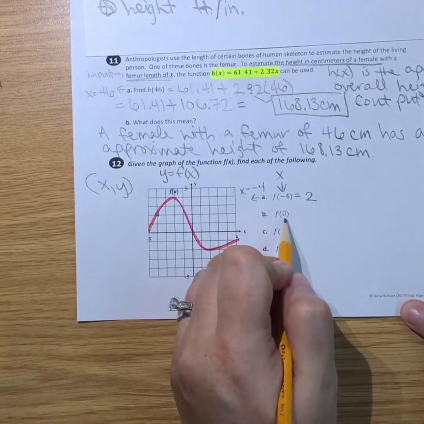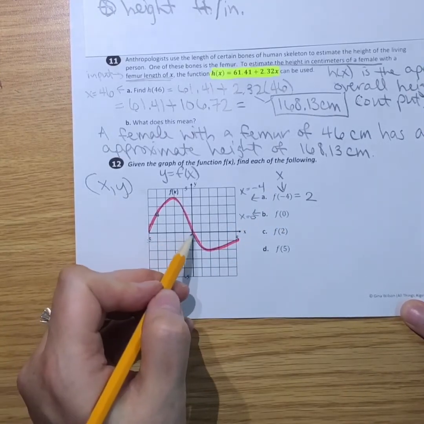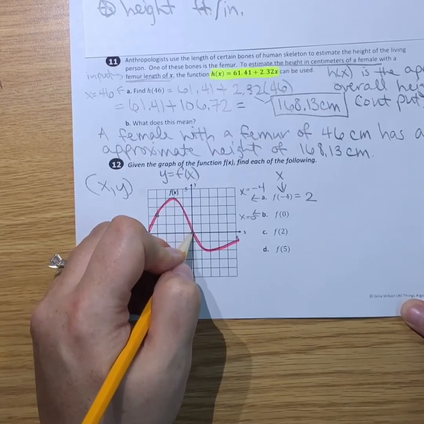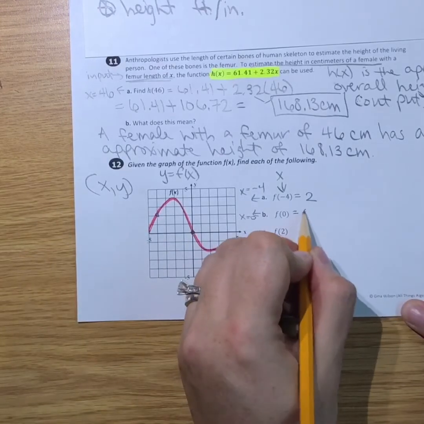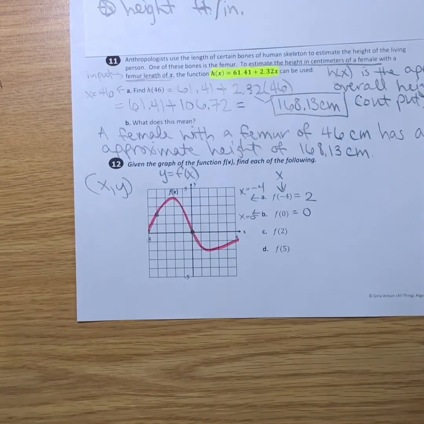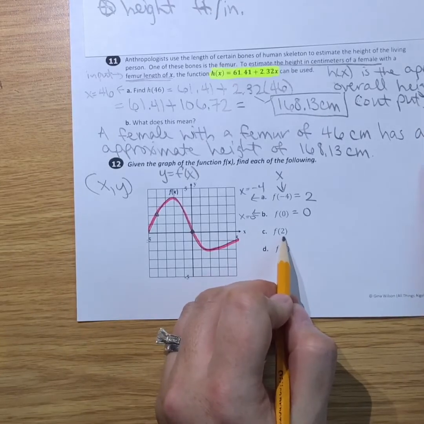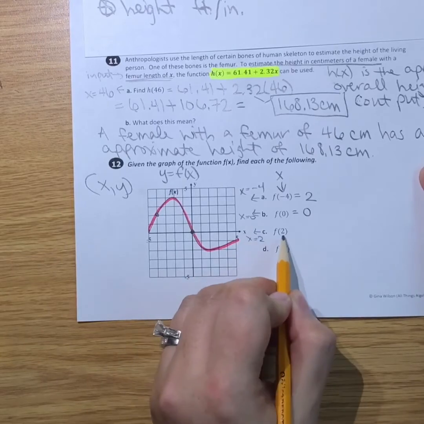Now B, we know x is 0. Okay, well, when x is 0, guess what? The red curve is right there at 0, 0, or the origin, so the y is also 0. Okay. Now for C, same kind of thing. We know the input, or the x, is 2, right? Because this is what we've been doing.